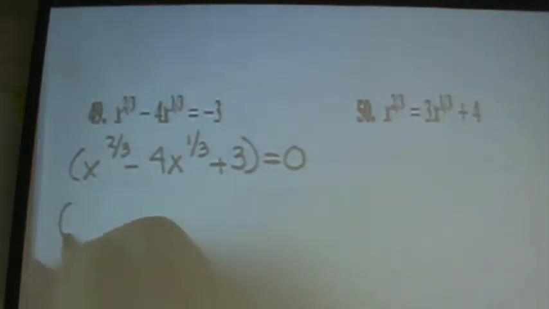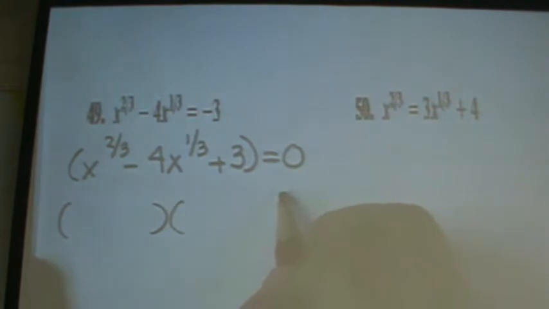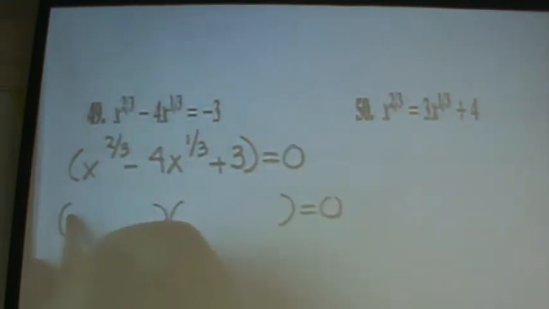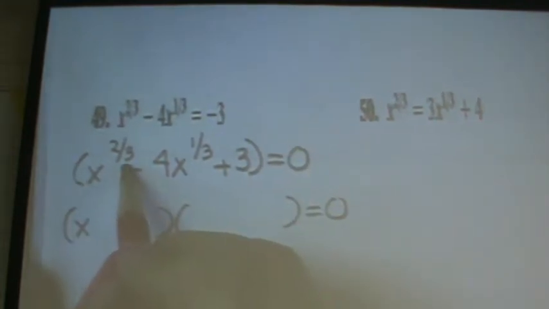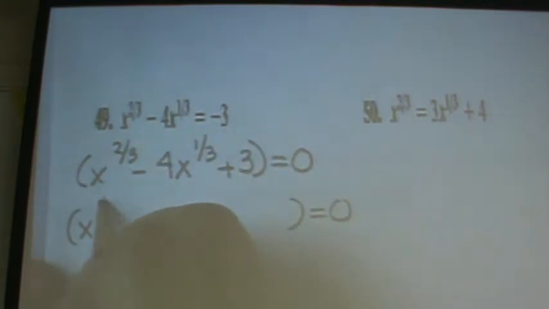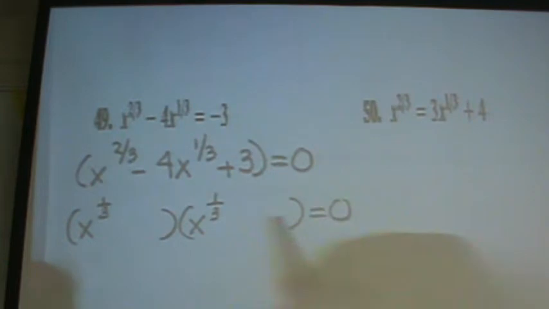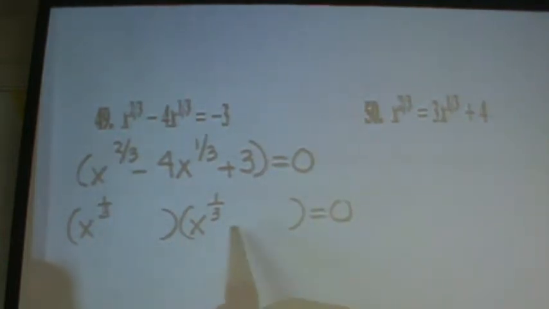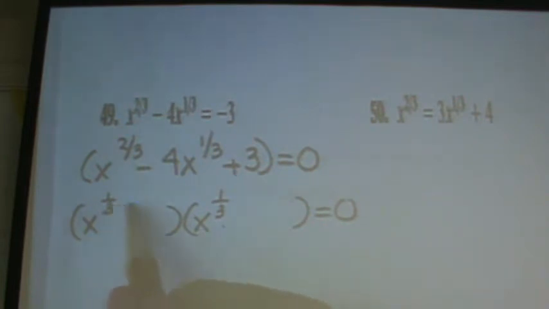Then what you're going to do is factor what times what is x to the 2/3. They'd be x to the 1/3 times x to the 1/3. Because when bases are the same, you're adding these exponents. So 1/3 and 1/3 is 2/3.